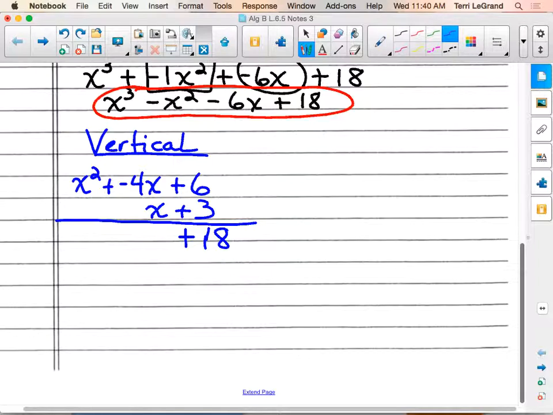Now I move over here. What's 3 times negative 4x? Negative 12x. Bring down the plus sign. I'm going to take that 3 times that x squared. What is that? 3x squared.